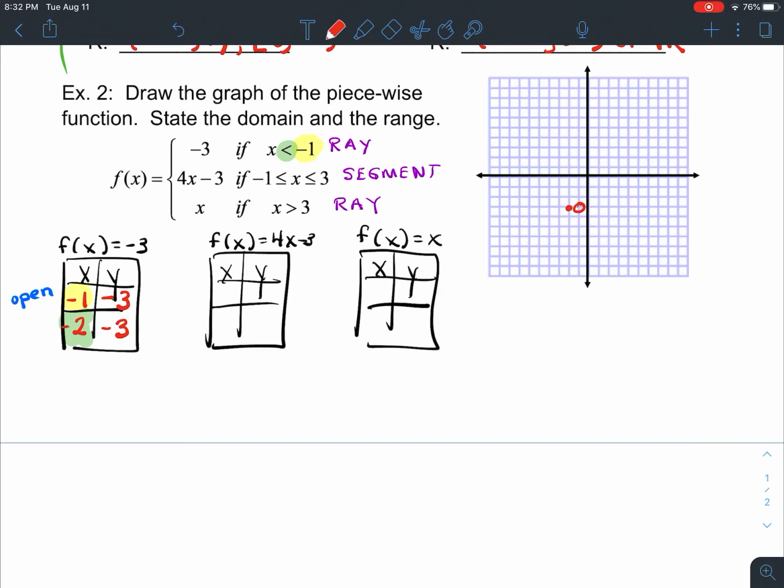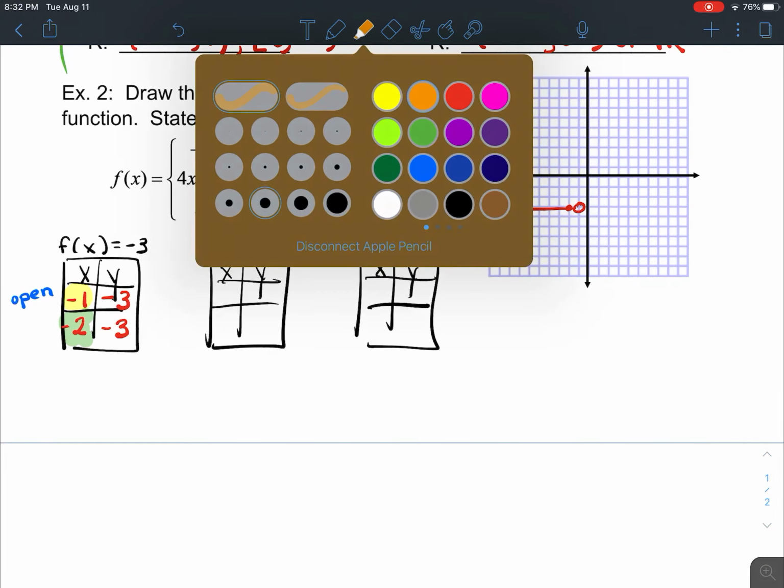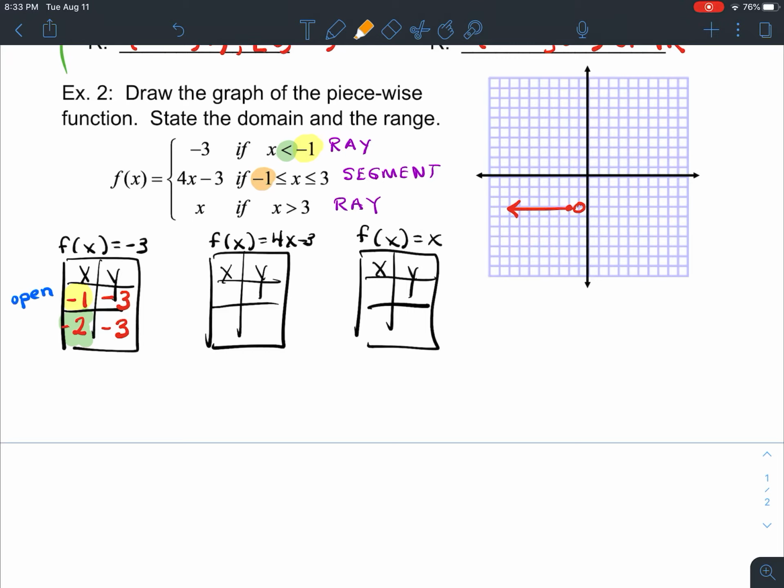Again, there is no place for me to plug -2 into my equation, so it still returns the number -3. I'm going to plot an open point at -1, -3, and then I will plot a closed point at -2, -3, and I will draw my ray through that -2, -3 point and continue going past that with an arrow.